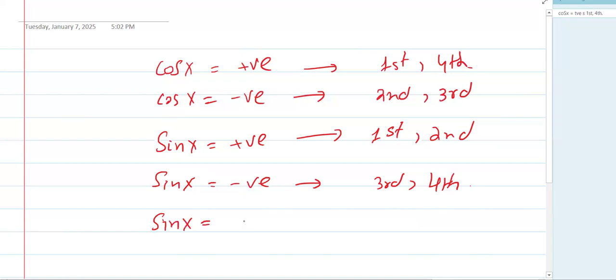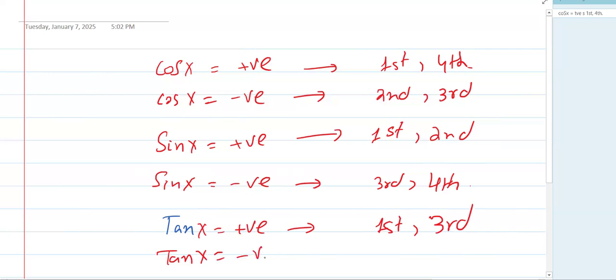And if the tangent is positive, then it means it is in first or third quadrant. And if the tangent is negative, because you know tangent is positive here, in the other two it would be in second or fourth. Clear or not?